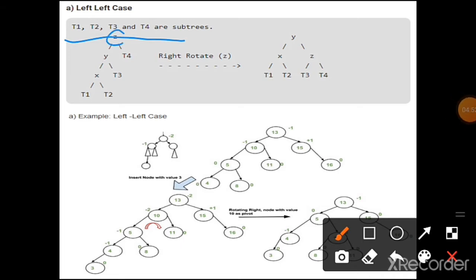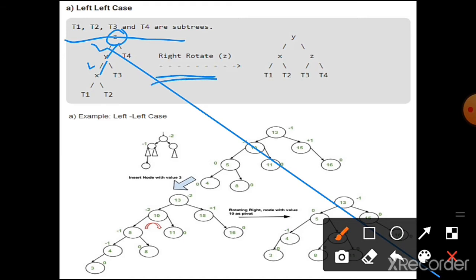Then this is Z. Z has a left child Y, and Y has a left child X. If this is the LL case, to balance this tree we perform a right rotation based on Z. Right rotation makes Z move downwards. So Z is moved downwards, Y becomes the root, and the left child of Y becomes X.